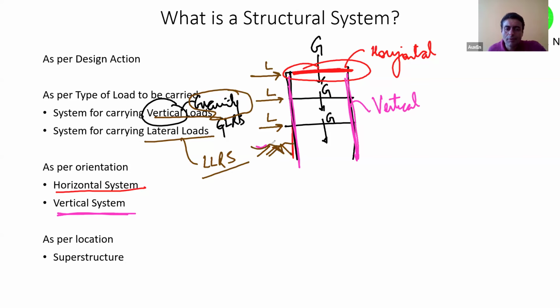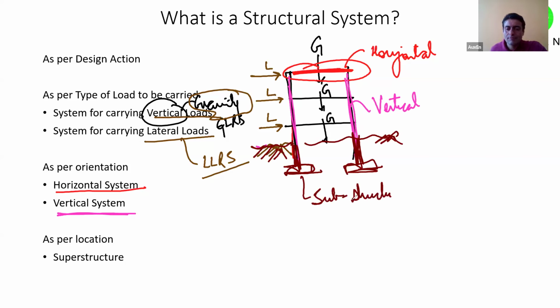The system that we provide below ground is called the substructure, and the systems that are above the ground are called the superstructure.